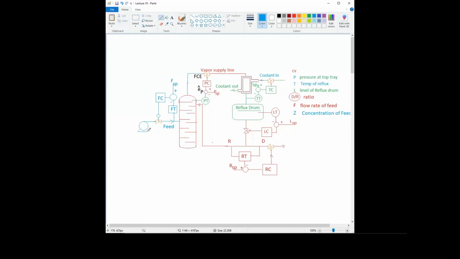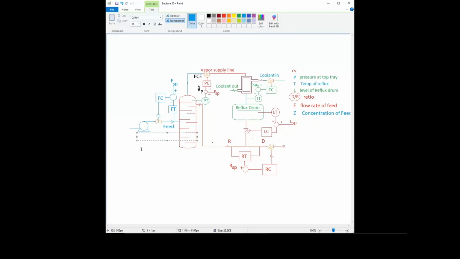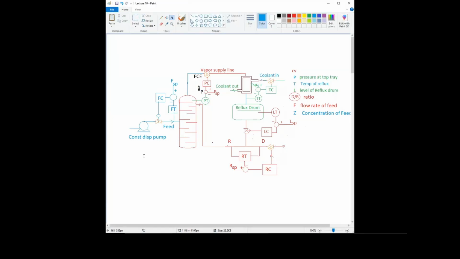So this is the schematic for a constant displacement pump, right? The constant displacement pump gives a constant flow rate of the supply, right?